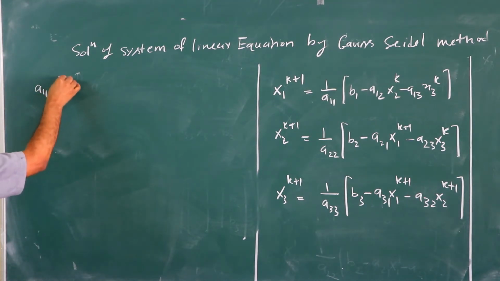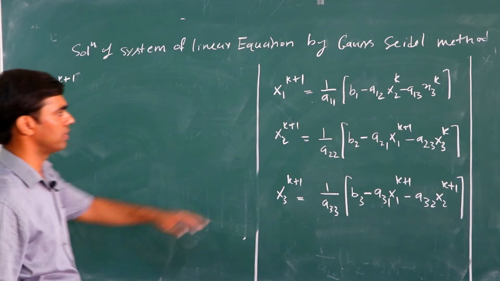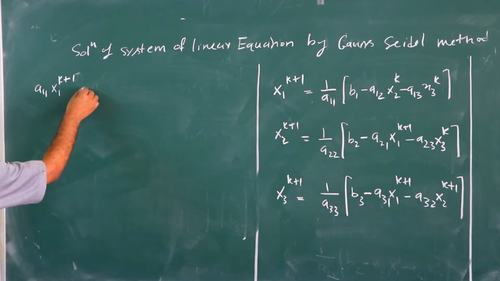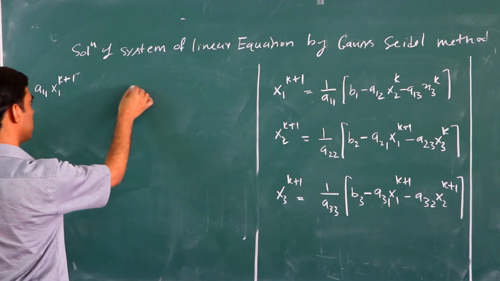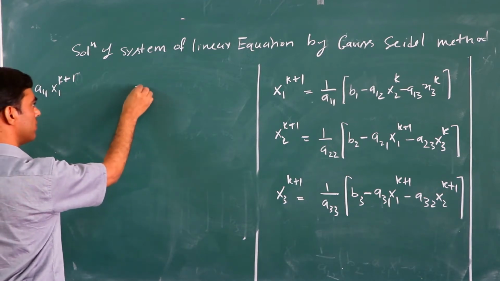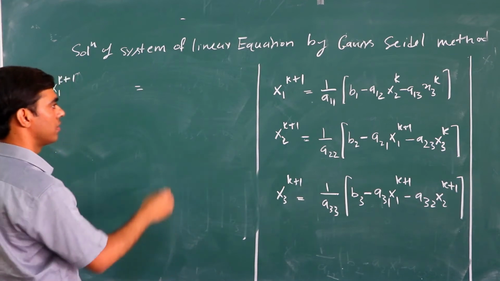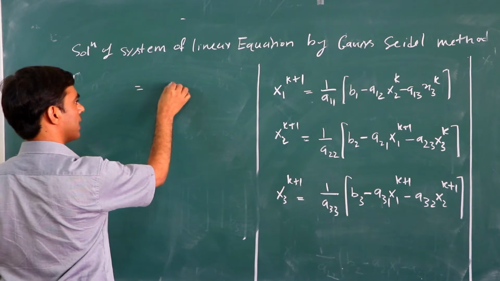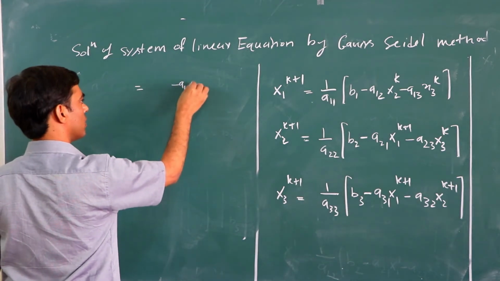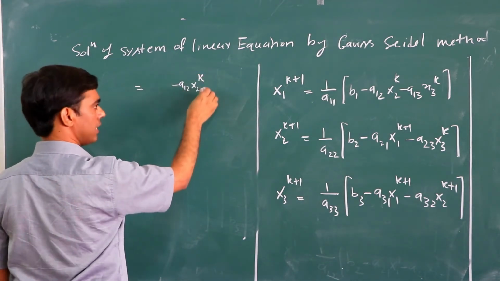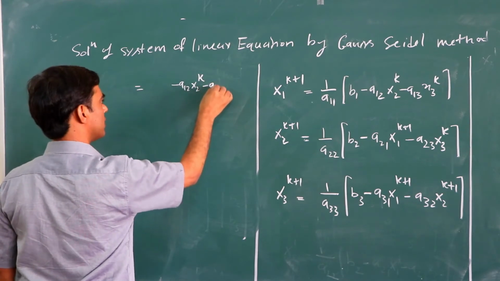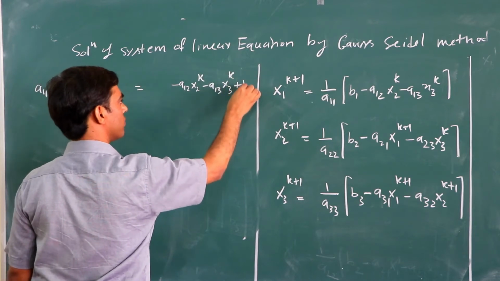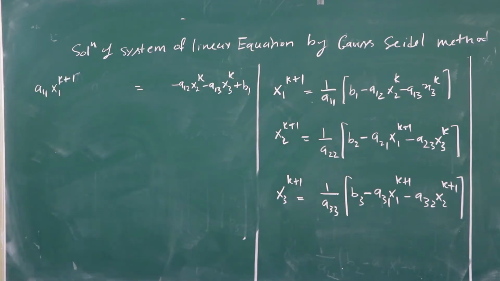Just multiply it here, and on the right side we write three terms: minus a12 x2 to the power k, minus a13 x3 to the power k, plus v1. This one is a value.